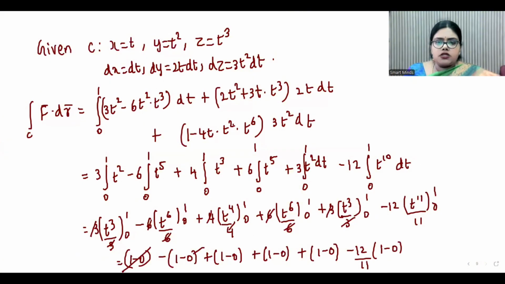So 1 minus 1 cancel. 1 plus 1 plus 1 is 3. 3 minus 12 by 11. That is 33 minus 12 by 11. 33 minus 12 is how much? 21 by 11.